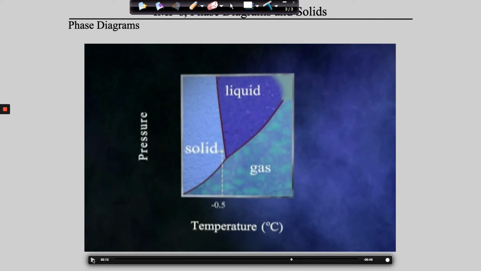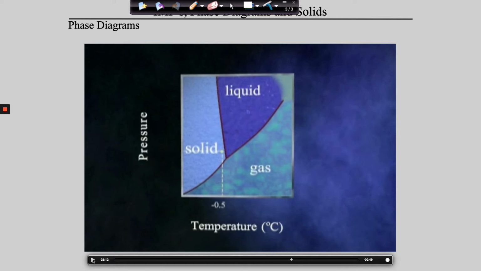And guys, understand, this is the only substance on earth that does this. I mean, imagine if we take salt and if we squeeze this, what does that do? Well, it just brings the ions even closer together and it increases the attraction. So guys, water is the only substance on earth that when you squeeze it, it melts rather than becoming more solid. Yeah? That's why that line goes backwards.